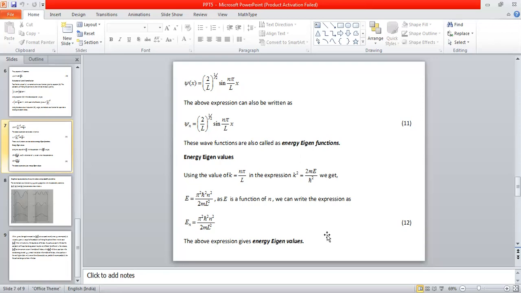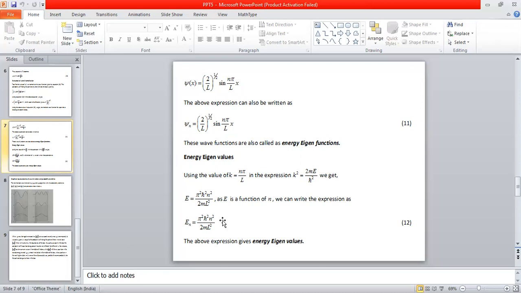So by simply applying Schrodinger's equation for a particle in a one-dimensional potential box, we are able to find two different expressions. One is the expression for the wave function psi n, given by the normalized wave function psi n is equal to 2 by L to the power 1 by 2 sine of n pi by L into x, equation 11. This expression gives the energy eigenfunctions.